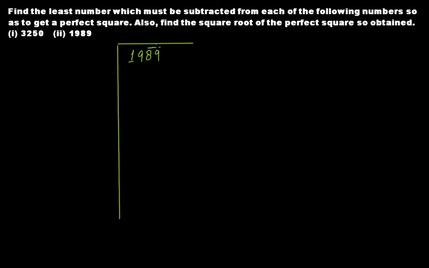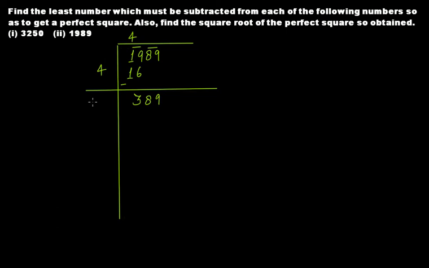So we pair it. Now, clearly this is 4 times 4, 4 squared. So this becomes 16. Minus, you get here 3. I'm sorry, we get 3. And we write 89 here.